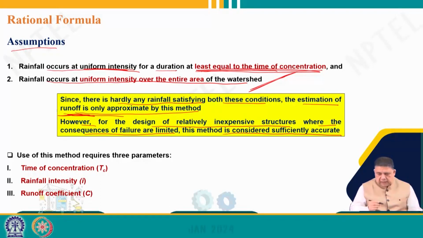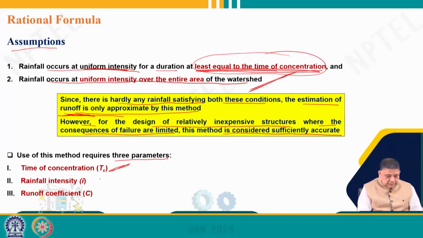Now, in application of this particular method, it requires three prerequisites, that is, we require three important parameters. One is the time of concentration, because remember we say that time of concentration is important for finding out the duration of rainfall and the rainfall intensity, and that is what we say, that rainfall intensity remains constant for a duration equal to the time of concentration.